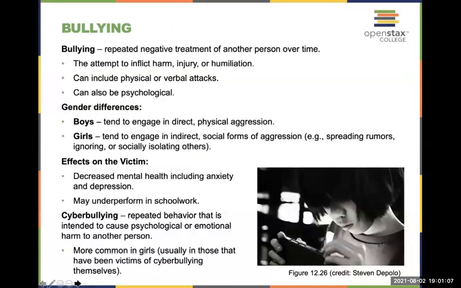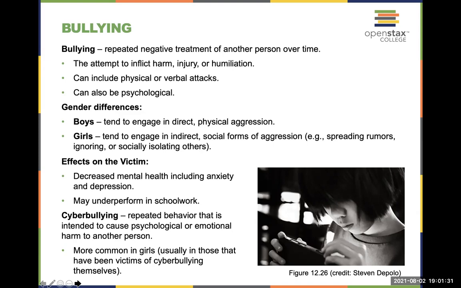And then there are different types of bullying that occur, not that we do, that humans do at times. There's the simple term bullying, right? Which is picking on people, repeated negative treatment over time. It tends to be a continual process.